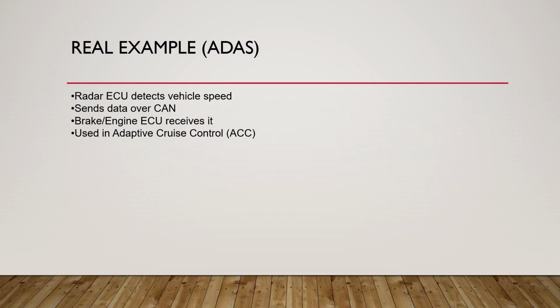I can give you a real example of this CAN communication. In a car, a radar sensor detects a vehicle ahead. Imagine this is a car. The radars will be placed here, in the front of the vehicle.